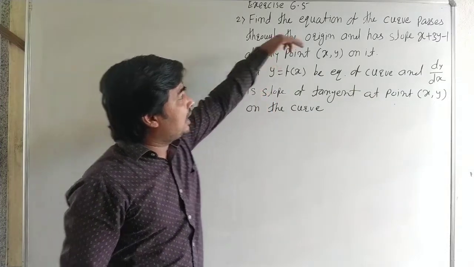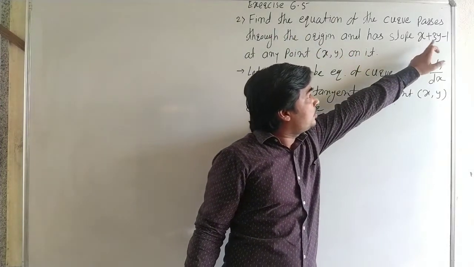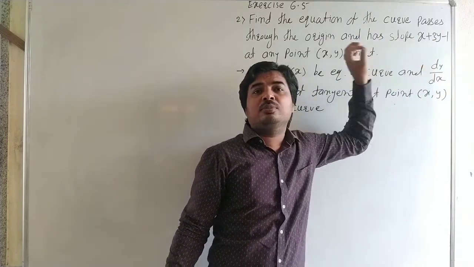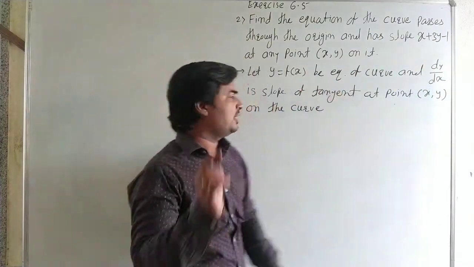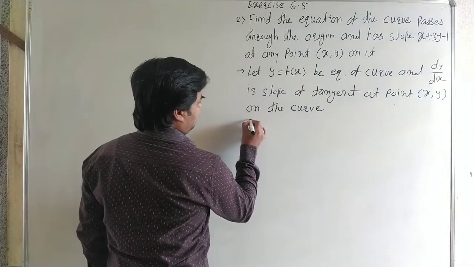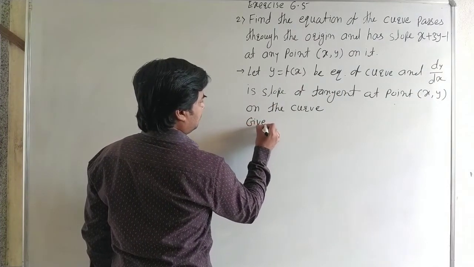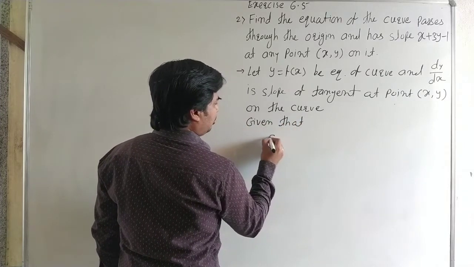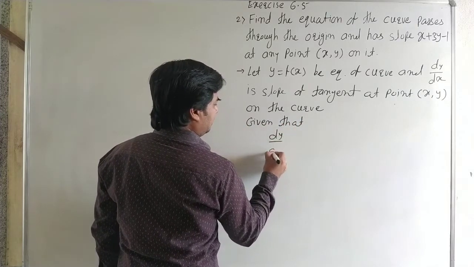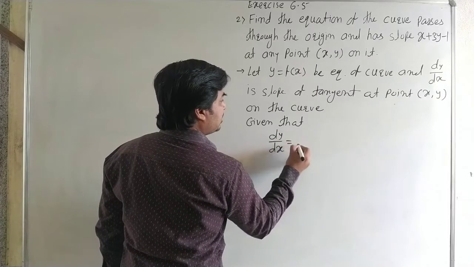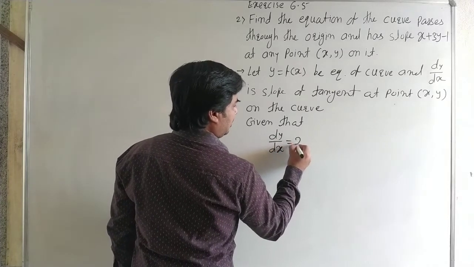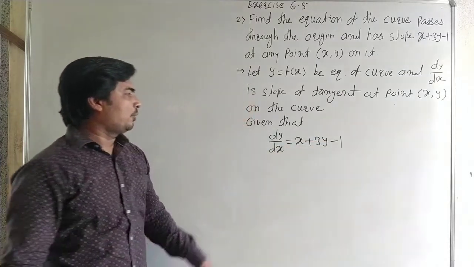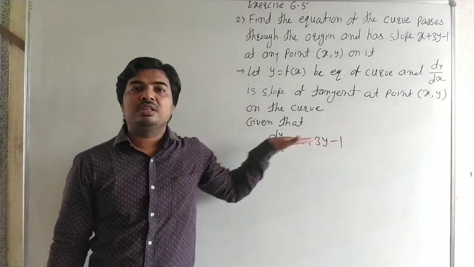Then it is given that the slope of the tangent is x plus 3y minus 1, that means dy by dx is equal to x plus 3y minus 1. See carefully, this is our given differential equation.